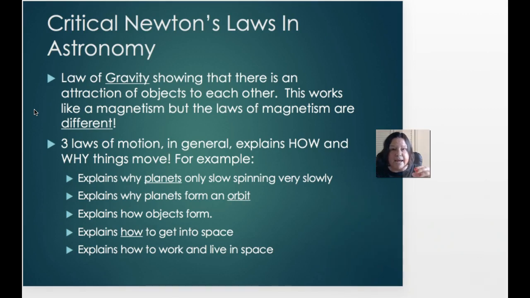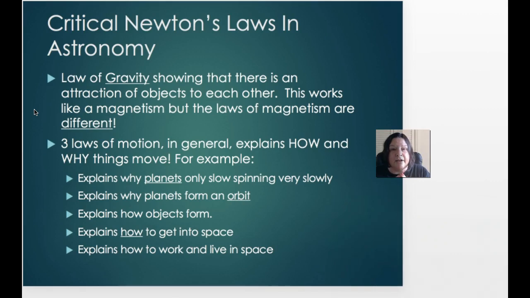If you put a magnet up to a refrigerator, as it gets closer, you're going to start feeling the pull, and as you get closer and closer, the pull is stronger and stronger. That's how gravity acts. The repelling force is something you're familiar with if you try to put two magnets together of the same size, but again, you only feel that when they're close together. So that's how gravity is. The closer you get, the more you feel.